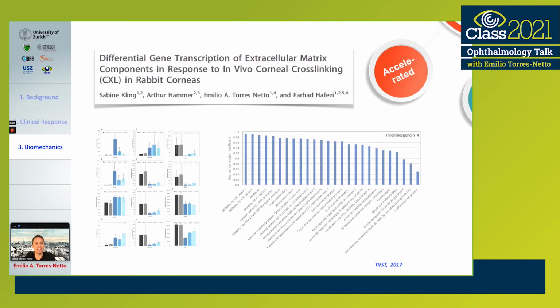And this could be observed not only in the stiffening effect, but we also saw gene transcription changes of the extracellular matrix that were different when the procedure was either normal, Dresden protocol, or accelerated. So even in the gene transcription, there is a difference.